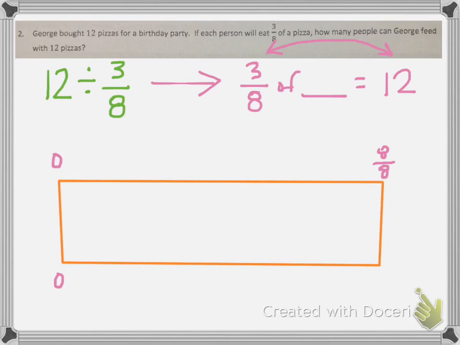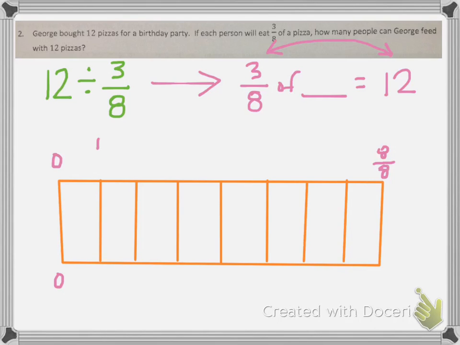So if I start splitting it up into 8 equal pieces, I've got that one and this one, and then I'll split them again to get 8. There's 4, 5, 6, 7, 8. So there's my 8 slices, and now I know that this would be 1/8, and this would be 2/8. Here is 3/8, 4/8. Here's 5/8, 6/8, 7/8.